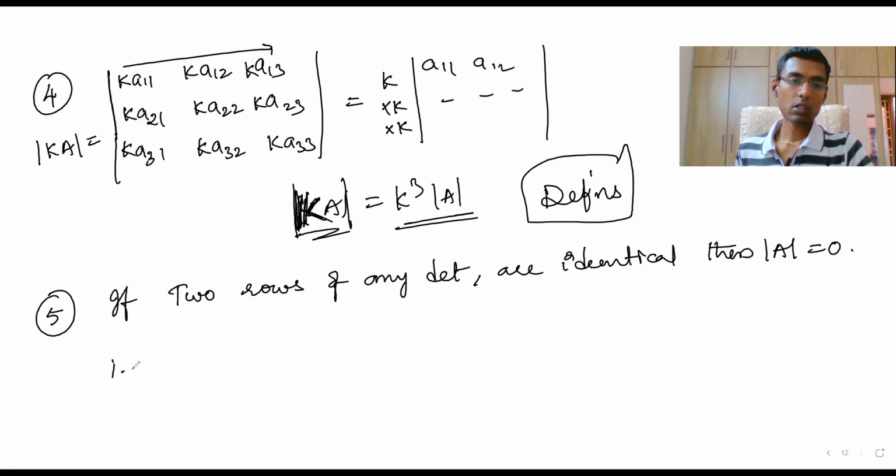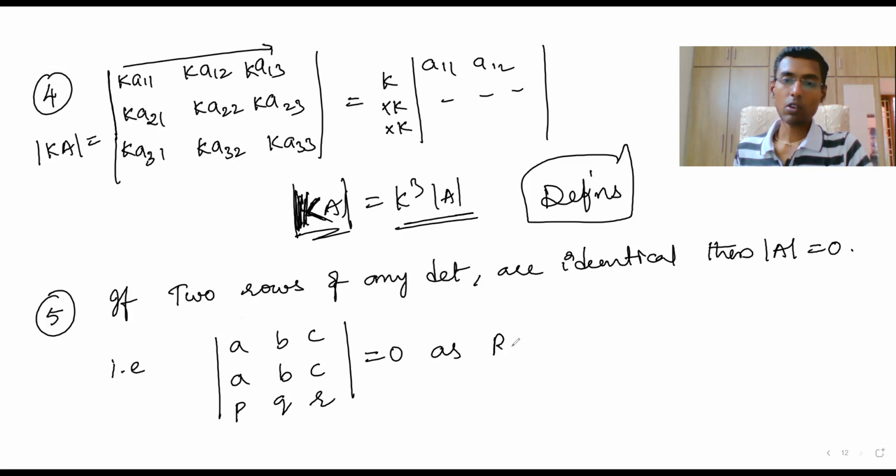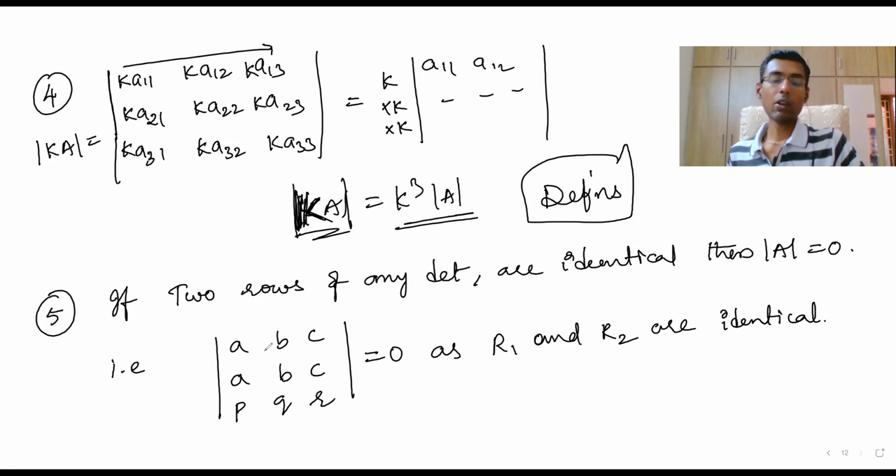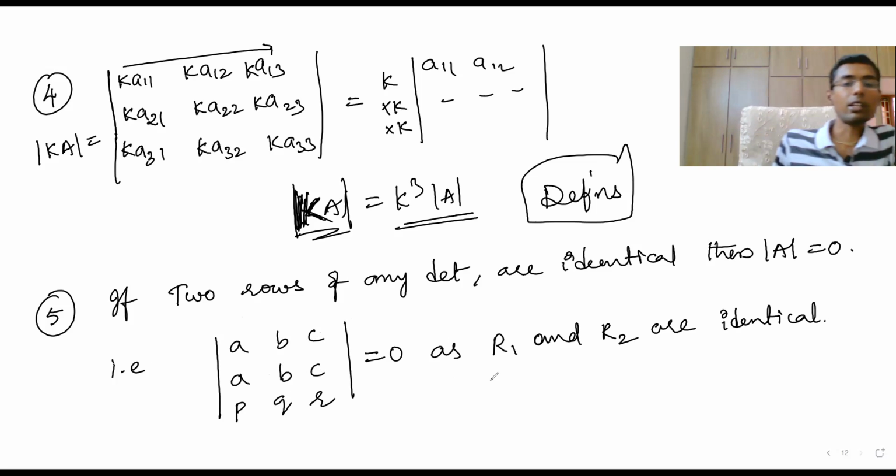That is, say for example, a b c, here again a b c, here p q r. What do you say here? Delta is 0 as R1 and R2 are identical. Identical means we will have the same elements a, b, c. This is called two rows identical.